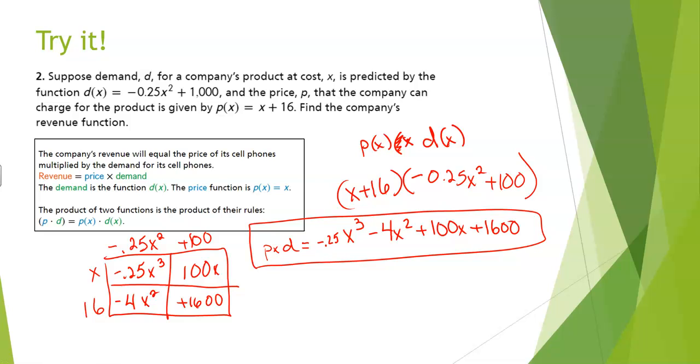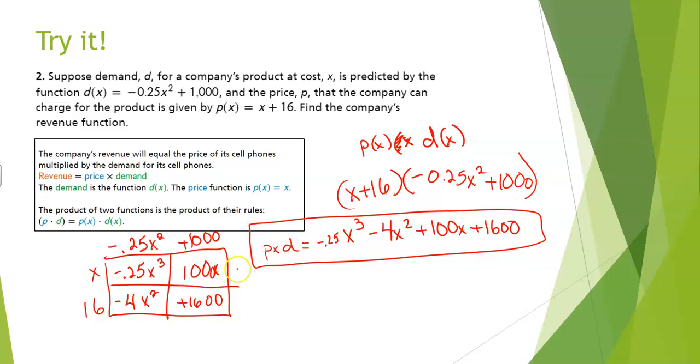I did use the box method just because I prefer to do that. And I ended up with this cubic equation here. Now I left off, this should be 1,000 here. My apologies. So that should be 1,000x.